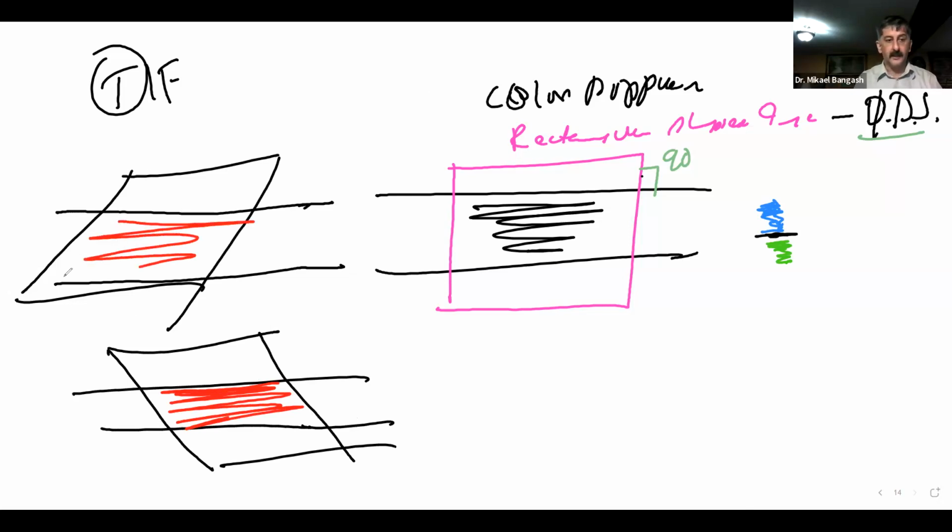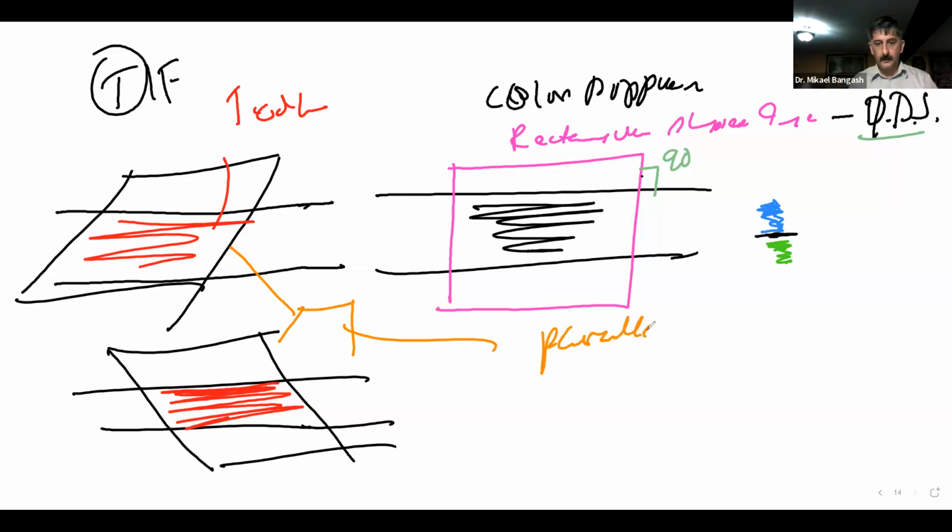We can say the image shape is going to be not rectangular, but parallelogram shaped. Did you ladies get that? Yes.